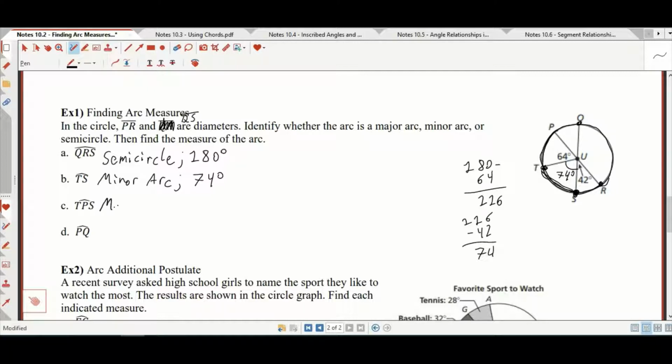By the way, that's a major arc. 360 minus 74 is 286 degrees.